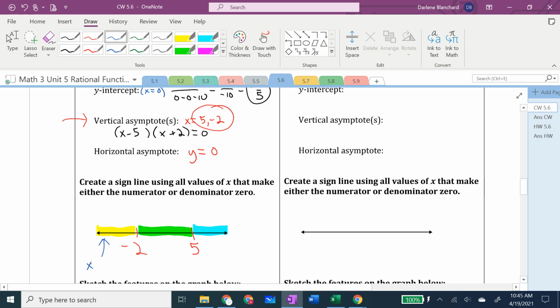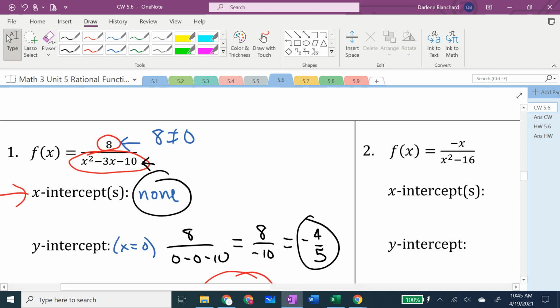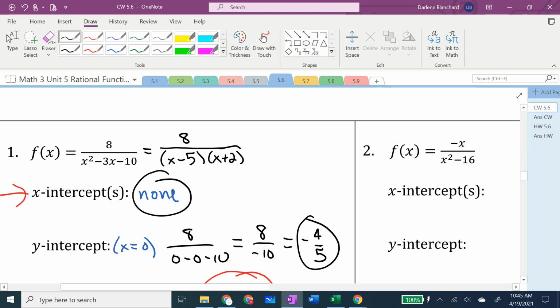I like to use negative 10 for my left end if I can. I'm going back to my original function, and I actually would prefer to rewrite this in its factored form. So I have 8 over x minus 5 times x plus 2. Now, this numerator is just positive. It doesn't matter what x is.